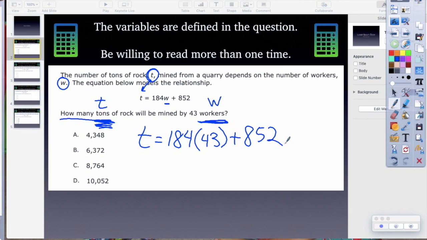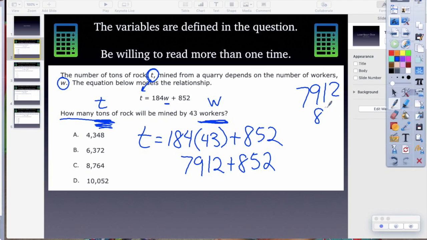And now we've got a pretty simple equation. You'll need your calculator probably to work out 184 times 43, or of course you could use your pencil. And you'll get 7,912 plus 852 will equal the T, or the tons of rock. Add those together and you'll have the answer.